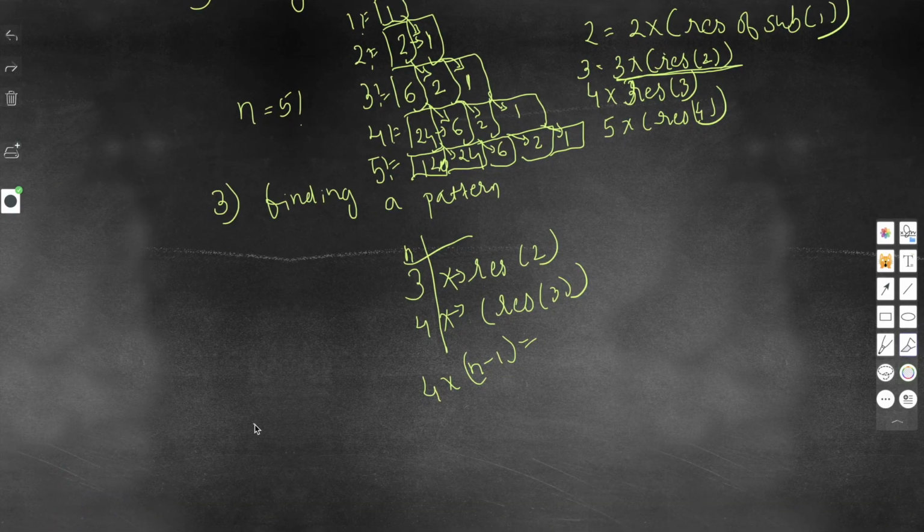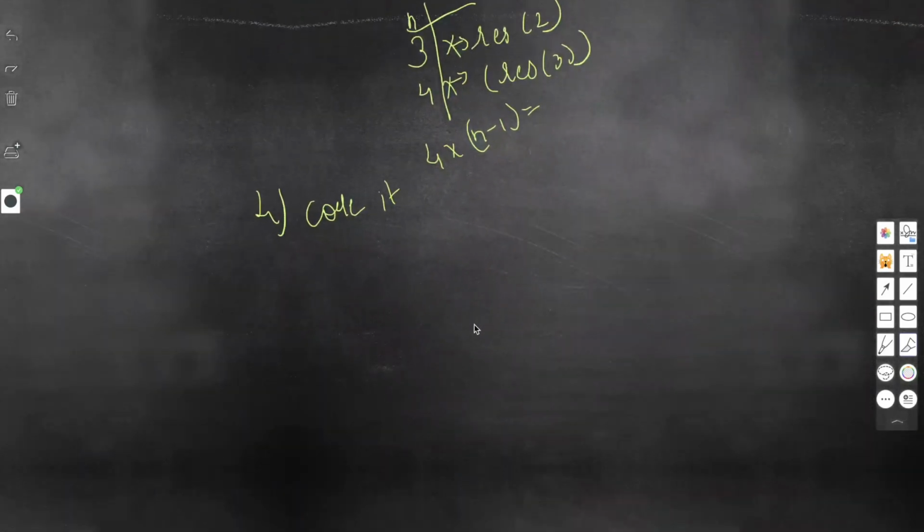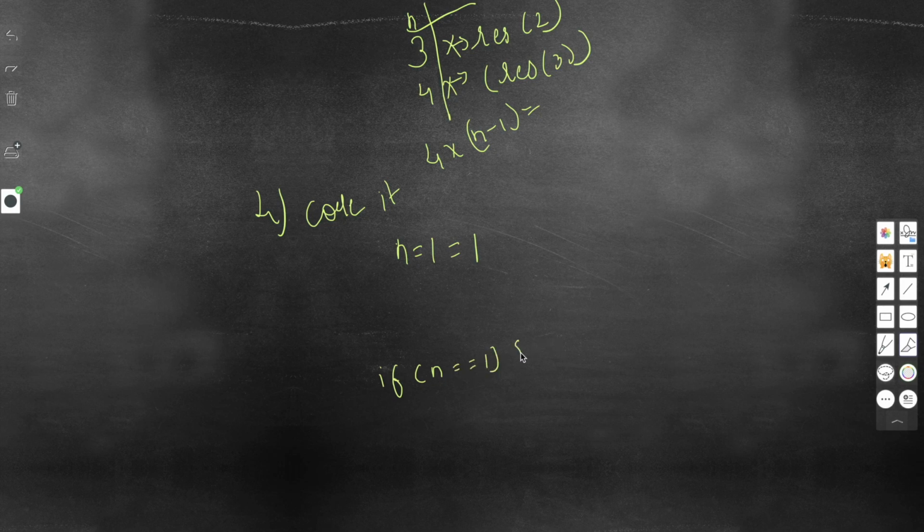Okay, so we have found the pattern also. The next step is to code it. Once you draw a diagram for any example and you are able to find a pattern, you can code it very easily. We have a base case that for n equal to 1, the answer is 1. If n is equal to 1, return 1. Else, what do we need to do?